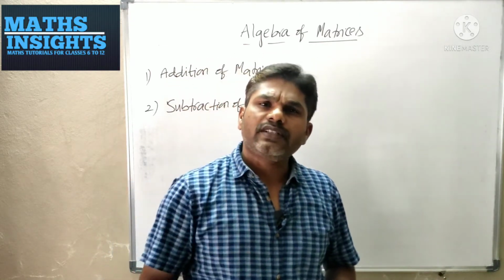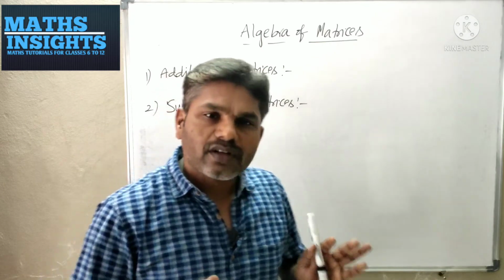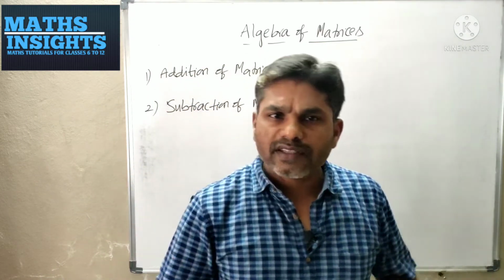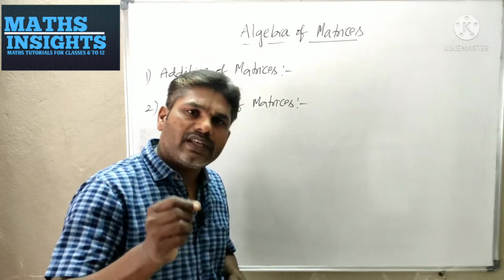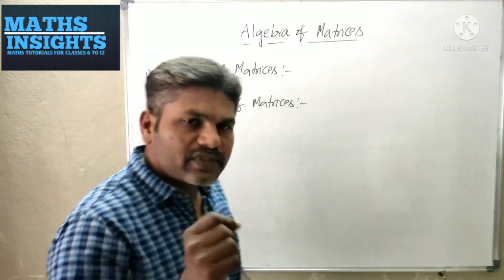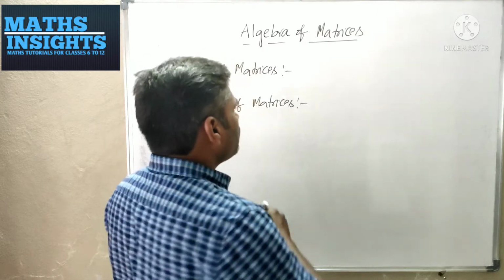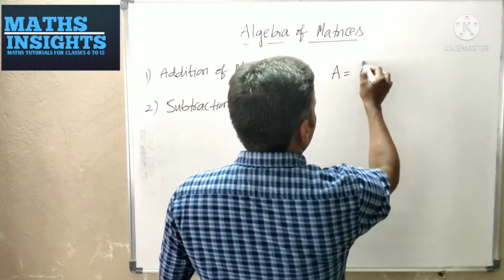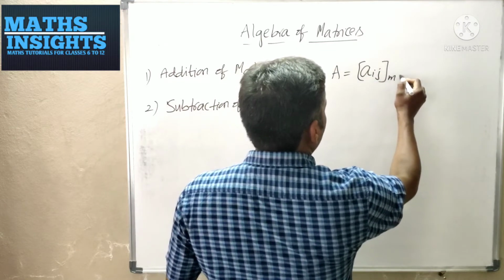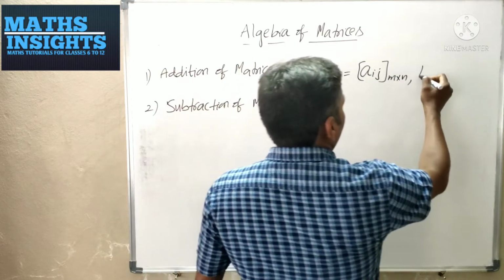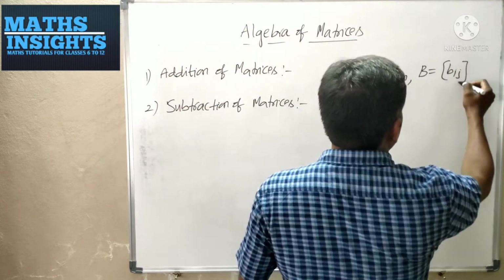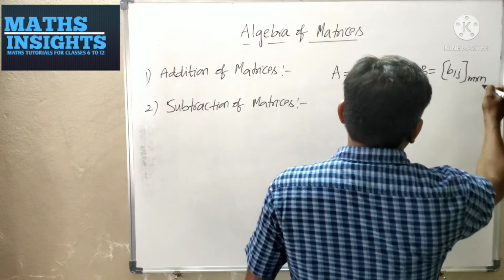Now I will represent the addition and subtraction of two or more matrices. You can add whatever number of matrices if they are of the same order. I will represent it in compact form. Suppose you take a matrix A whose elements are Aij and order is m by n, and take another matrix B whose elements are Bij, which should be of the same order.